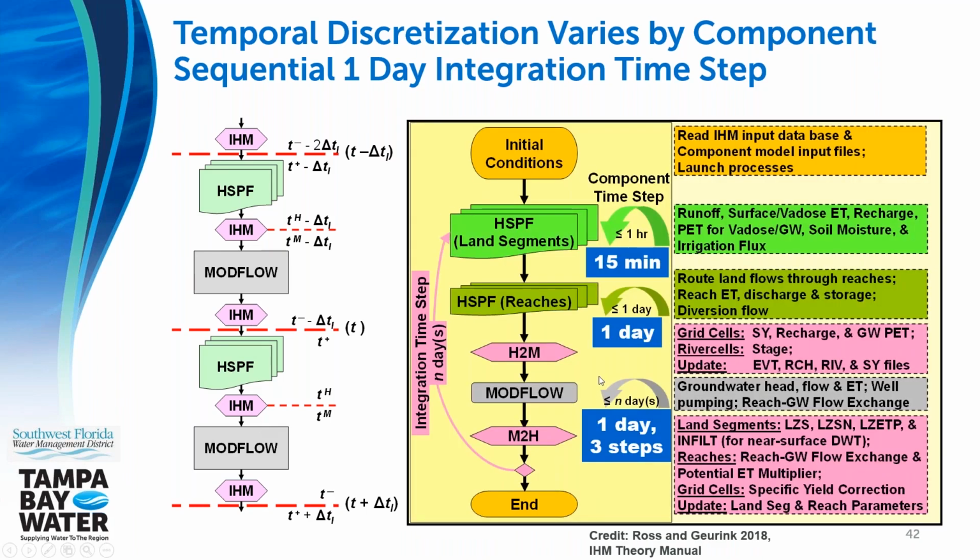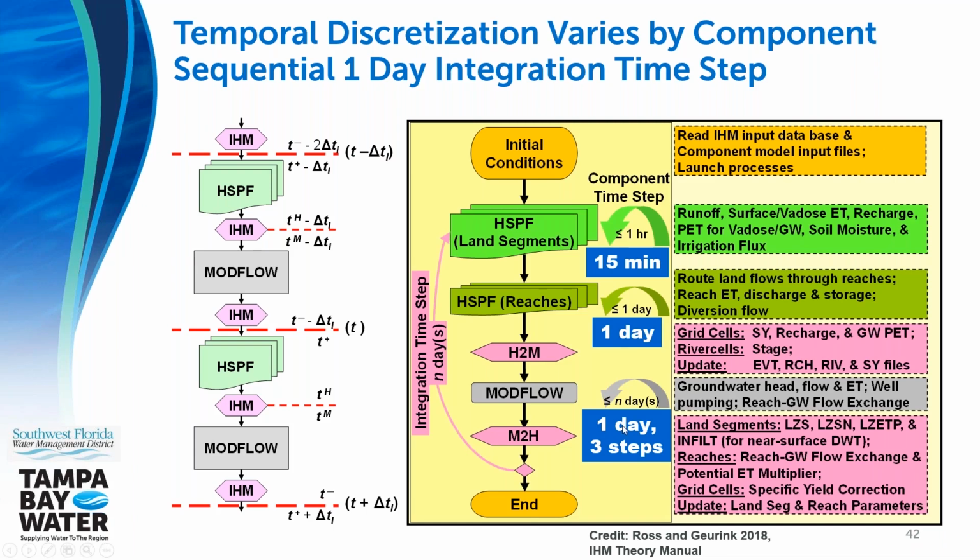The right-hand side graphic shows a more detailed depiction of one integration time step. And we see that each of these components can simulate time steps in different durations. The land segments simulate time in 15-minute steps for the INTB model. The reaches simulate time steps in 1 day for a 1-day integration time step for the INTB model.